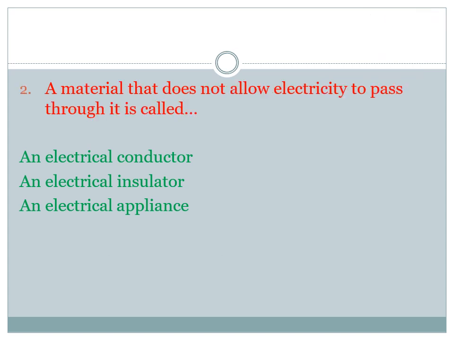A material that doesn't allow electricity to pass through is called an electrical conductor, an electrical insulator, or an electrical appliance. Let's see the answer. An electrical insulator. That's correct if you've got the answer right.